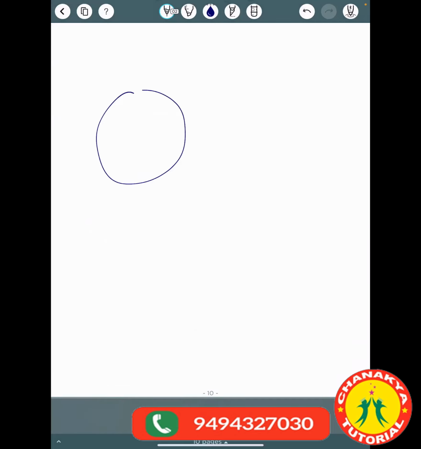So you draw this first. This is your point A, correct? When it starts rotating, it is rotating like this. Now when it completes half the rotation, where will this point A reach?